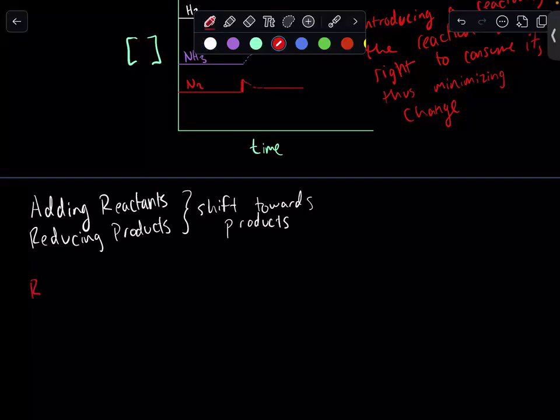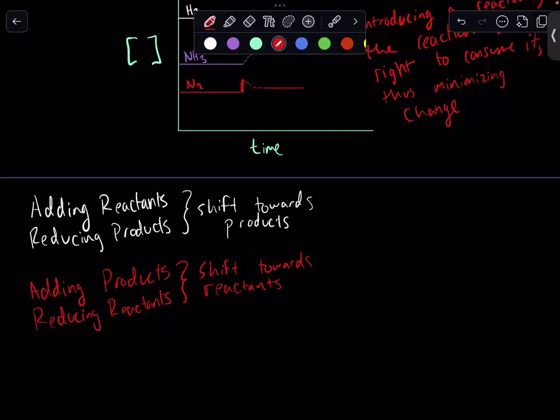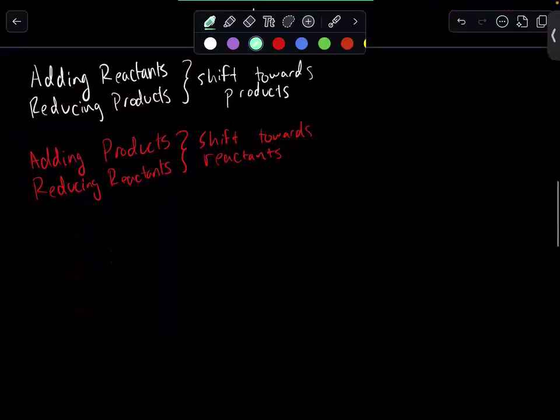By adding products and reducing reactants, that will be a shift towards reactants. And that's basically Le Chatelier's principle in a nutshell, specifically when dealing with concentration. But we can start applying this forward as we now move on to both pressure and temperature changes.